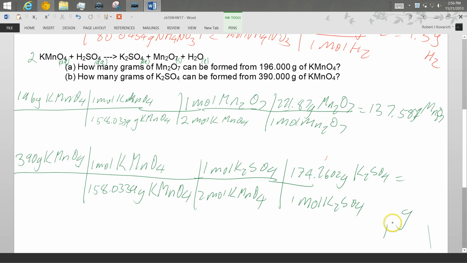So grams K2SO4, and how about 215.021? Oh, that's good. We all good with that? Okay.